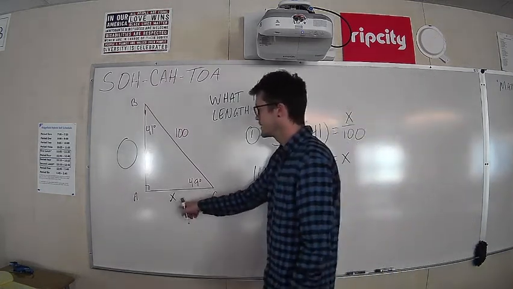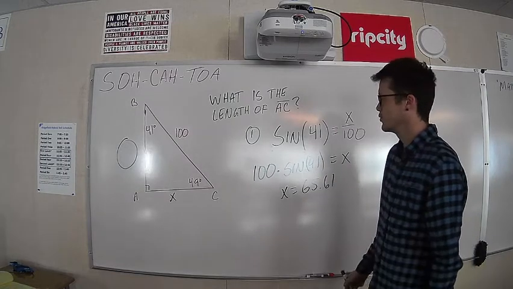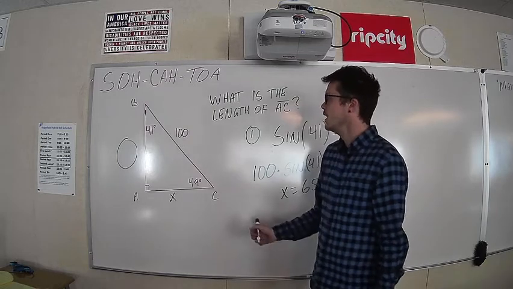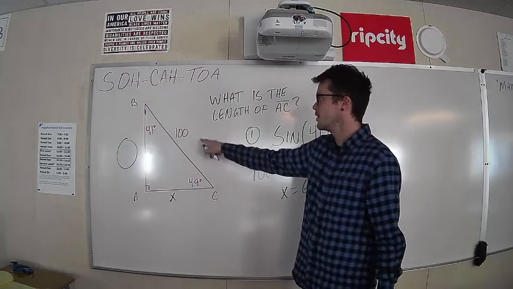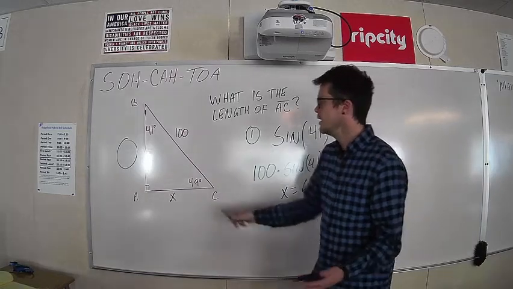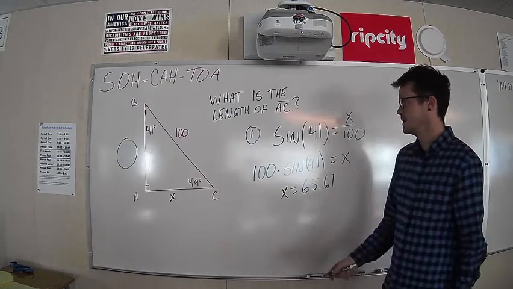Our claim here is that length AC is 65.61, and that seems reasonable. If the hypotenuse is the largest side, and it's 100, that means both these legs have to be less than 100. It seems reasonable that this would be 65.61.